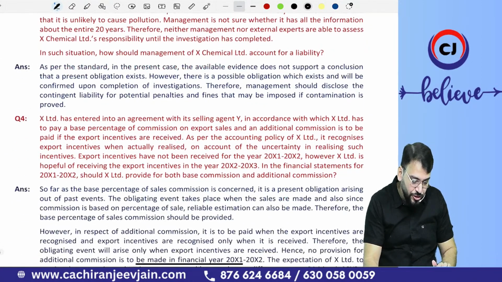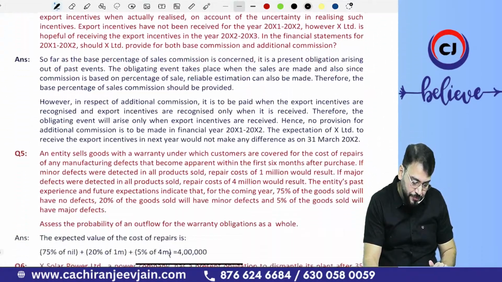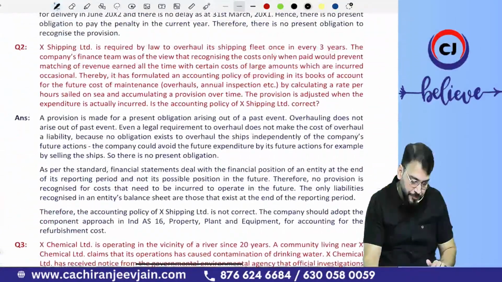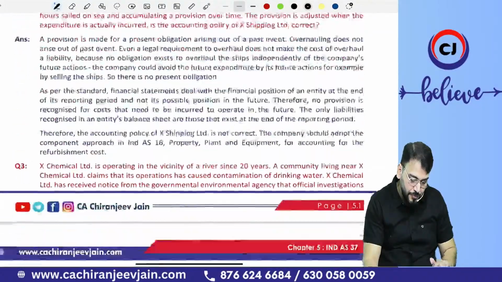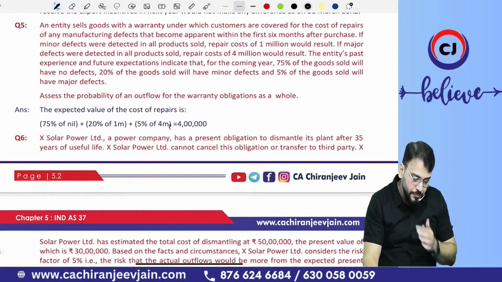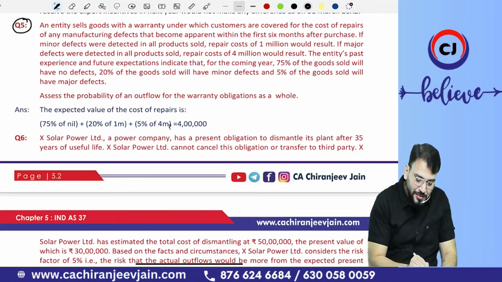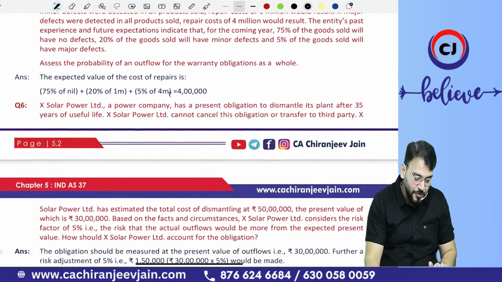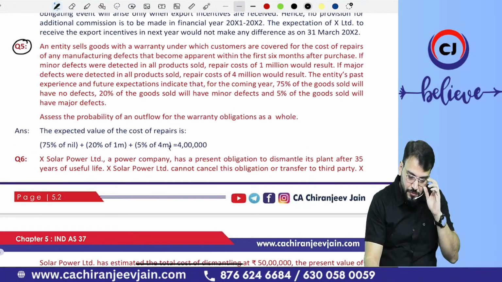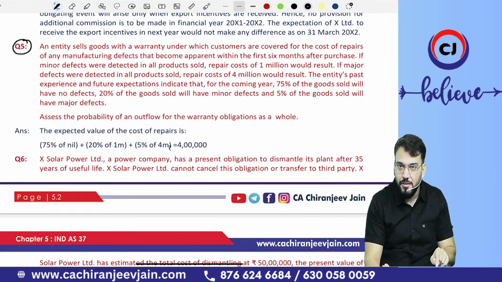Let me come to that question. This question 5 you can do now. Similar type of questions are there. You also write down question 5 and do it on your own, because I have already explained.